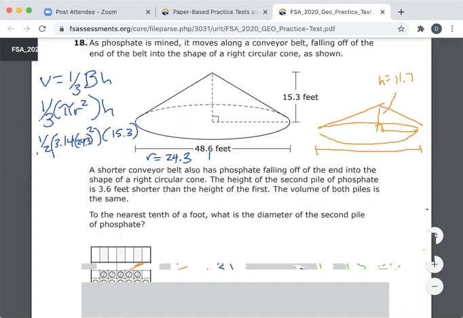I kind of squished that in there a little bit too much. Okay, so I'm going to start with the 24.3 and square it with my calculator. 24.3 squared is 590. Oh, you know what? I put a 2 there instead of a 3. 590.49.